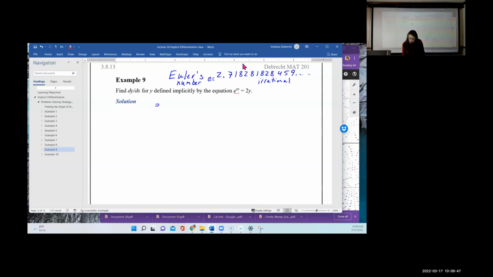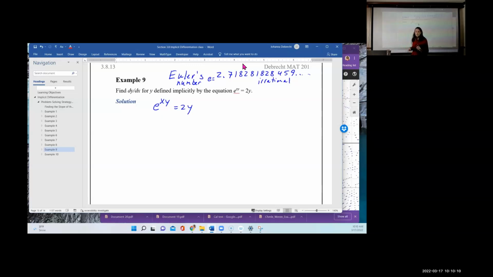So when we have this function, e to the xy equals 2y, we have a problem because we again have the y inside of a function, composed inside the power on the exponential, and we have it outside the exponential. So there's no way to solve this for y in one place only.